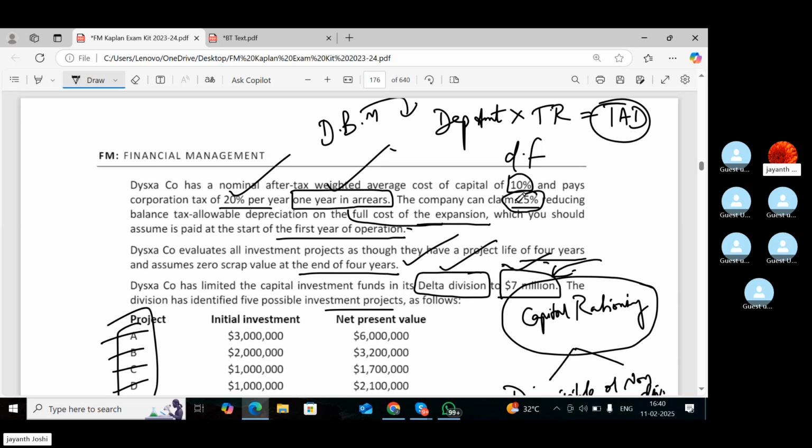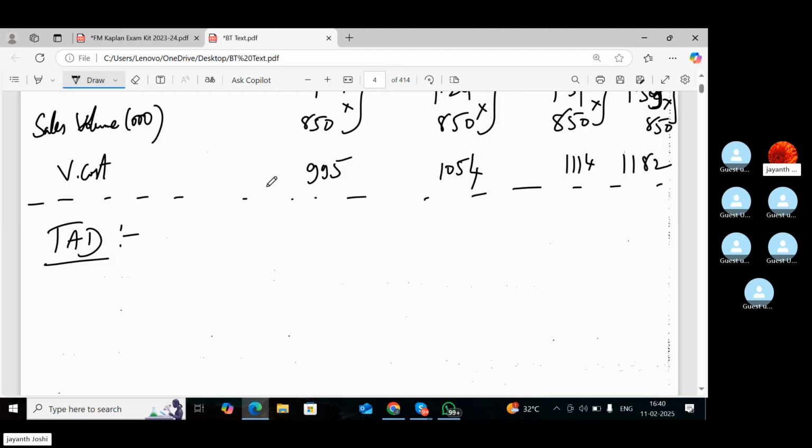Okay. So we'll take this 3200 into 25%. Okay. So 3200 into 25% is going to be 800.